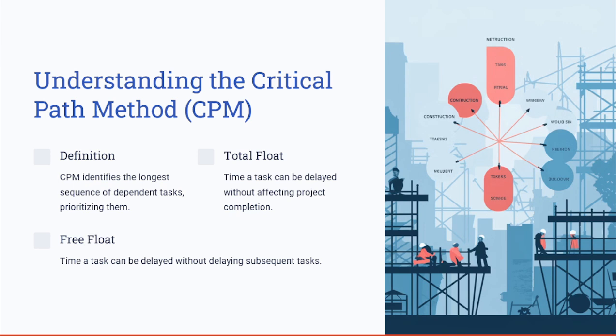The total float is the amount of time a task can be delayed without affecting the project completion or overall timeline. On the other hand, the free float is the amount of time a task can be delayed without delaying the subsequent tasks.